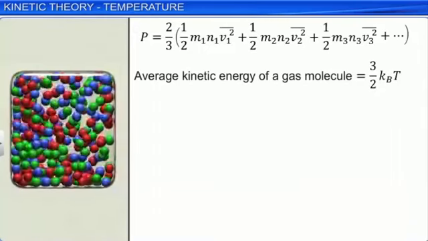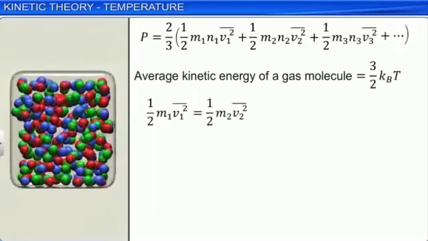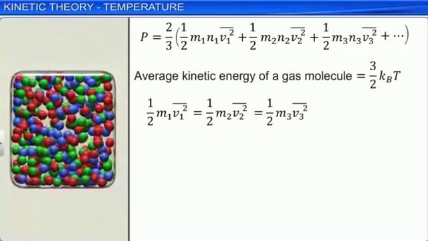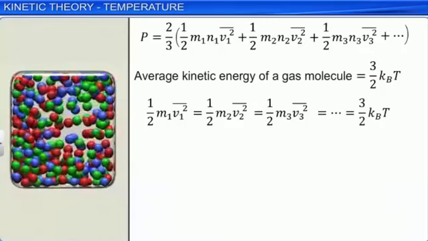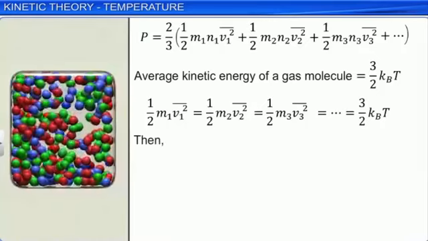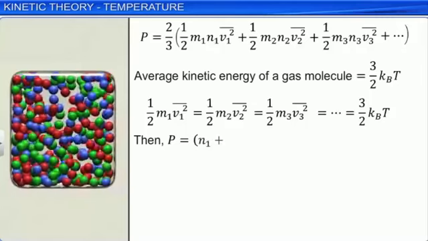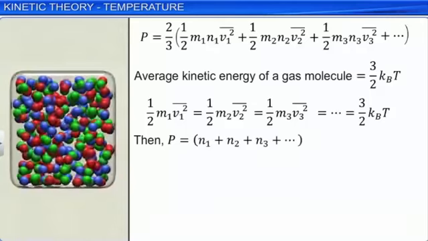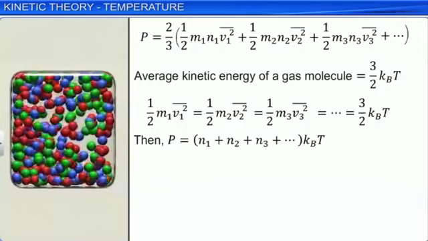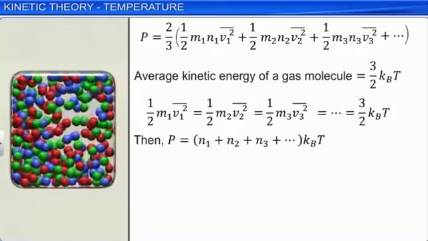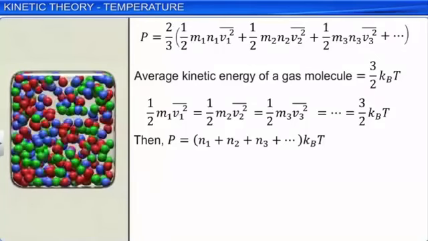That is, half m1 v1 square bar is equal to half m2 v2 square bar is equal to half m3 v3 square bar and so on is equal to 3 by 2 k_B T. On substituting these values in the equation for pressure, we get the total pressure P is equal to N1 plus N2 plus N3 plus so on multiplied by k_B T. In this equation, each term represents the pressure exerted by the gas, and on the whole, the total pressure is equal to the sum of individual pressures. This is nothing but Dalton's law of partial pressures.